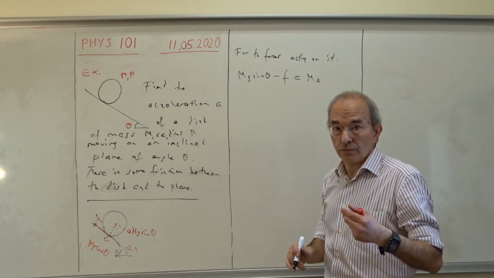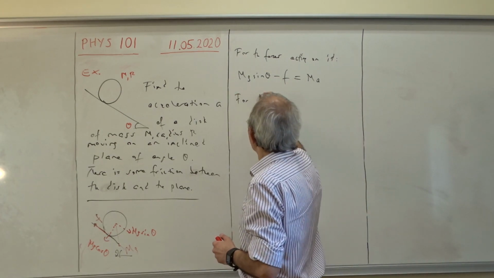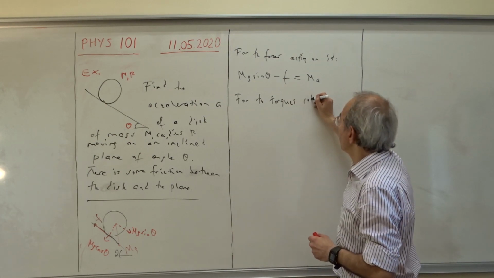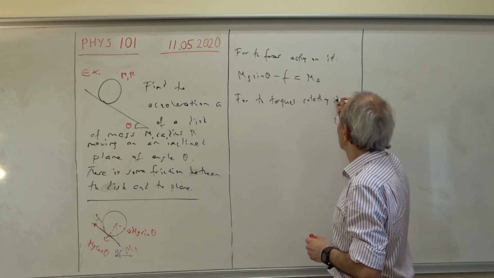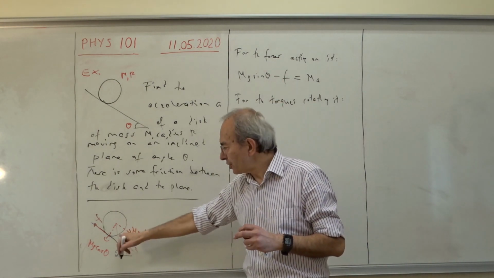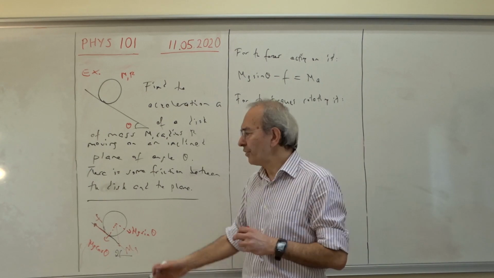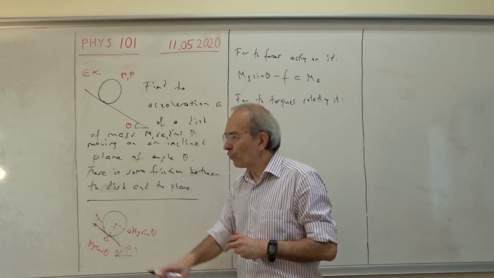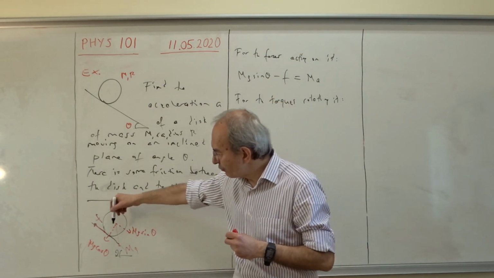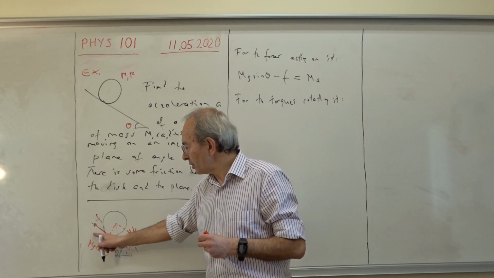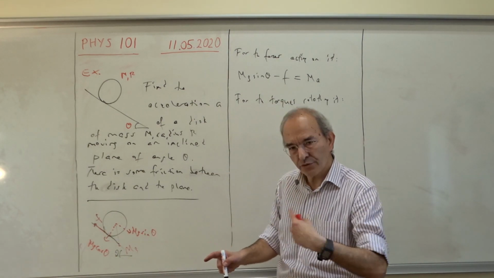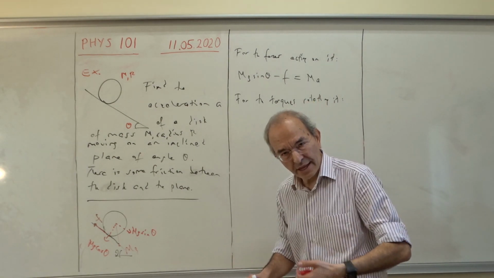And for the torques, rotating it, as we have learned, mg sine theta and mg cos theta cannot rotate the object, cannot turn it. It is only the friction force between the plane and the disk that rotates it clockwise as it slides down.